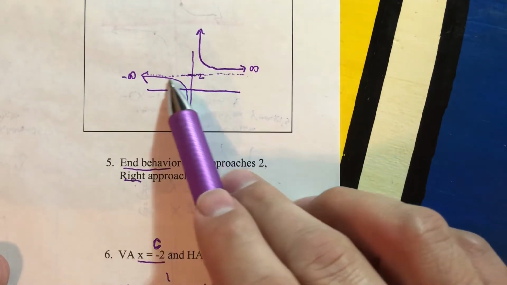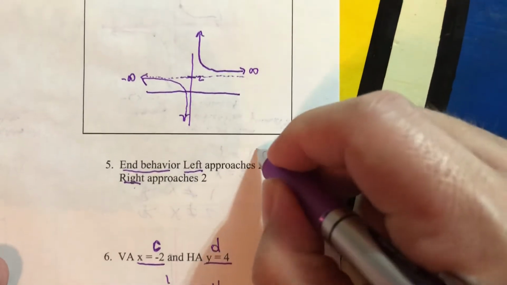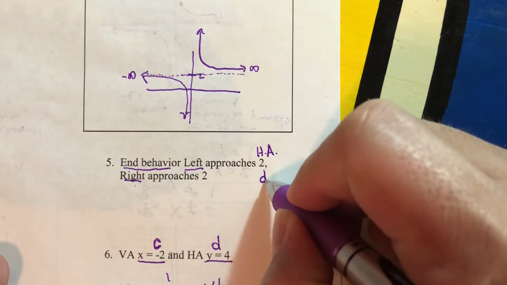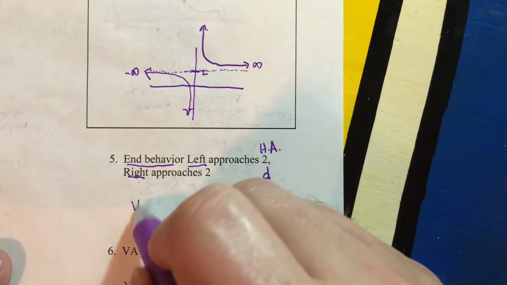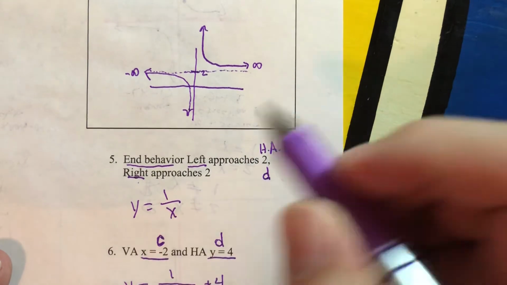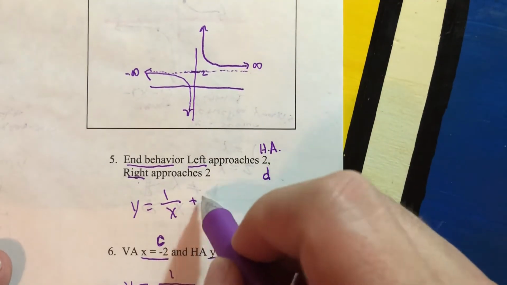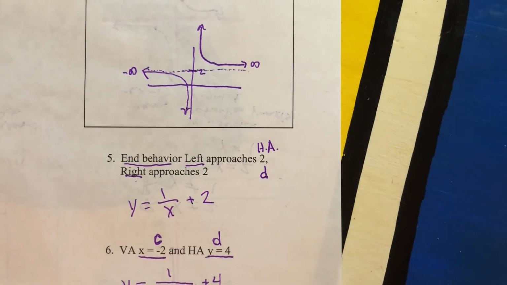Okay, so the 2 is actually the HA. So this is the HA, which in turn is also the D value. So really all that it's given us is the D value. So then again, when I write my equation, I start with my parent function. Since it gives me my D value, I'm just going to add it out here. So my final equation is y equals 1 over x plus 2.